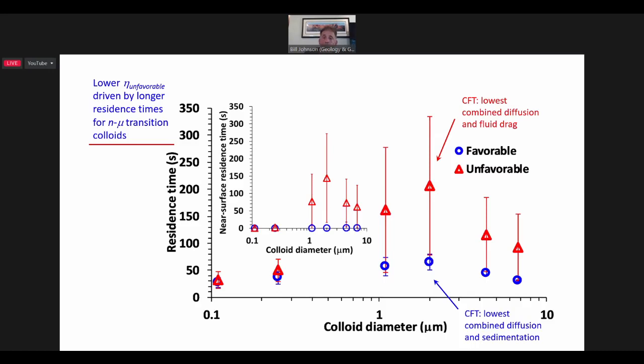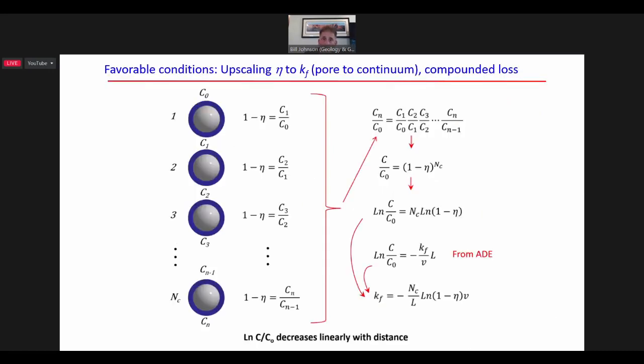And we can do more with these residence times. The way I'm going to introduce that is to first talk about how we move from the pore scale to the column scale and beyond, first under favorable conditions. That's shown here, where we look at the porous media as a series of grains, in this case a series of hemispheres and cells. The point is that we can idealize the process of moving through a porous media as such.